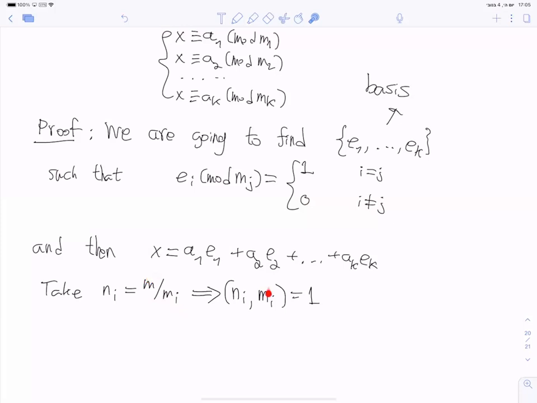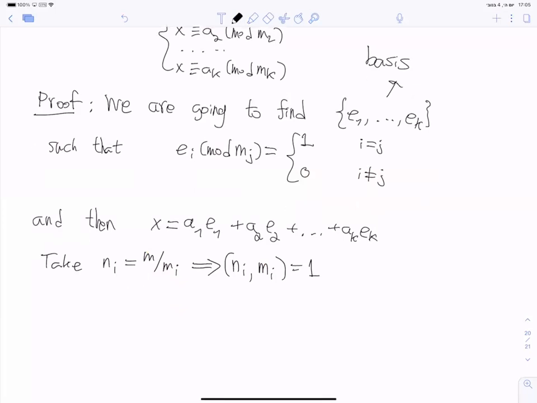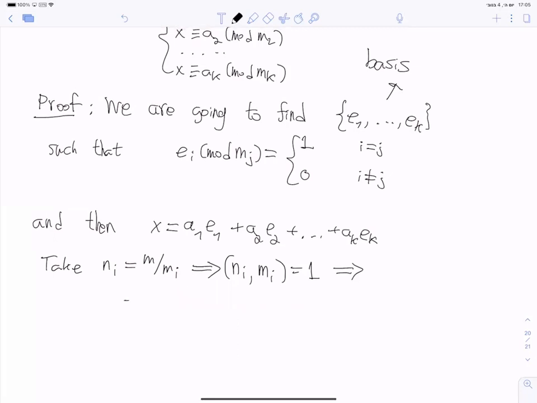So if it is co-prime to Mi, as we have learned last time, you can find an integral combination, let's call the coefficients Si and Ri, this is true for any i of course, such that Si Ni plus Ri Mi is 1.